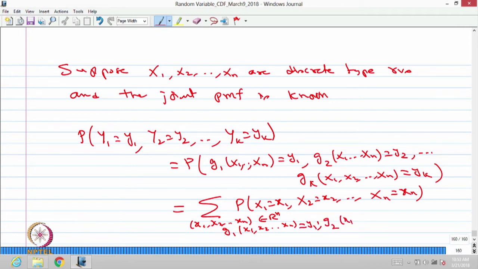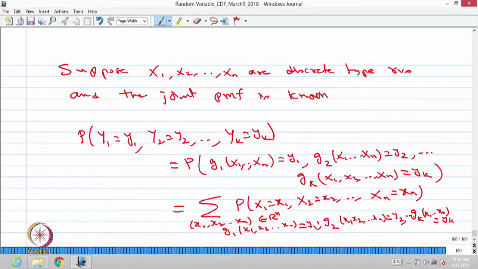Similarly, g2 of x1, x2, xn is the same as y2 and so on, gk of x1, x2, xn is the same as yk. You make a summation over these conditions, that means all the xi belonging to Rn, and g1 is y1, g2 is y2, like that, gk of x1, x2, xn is the same as yk.